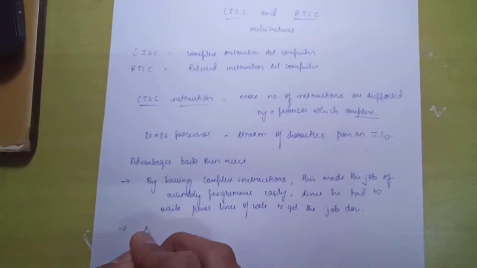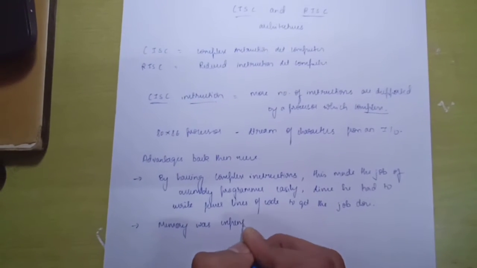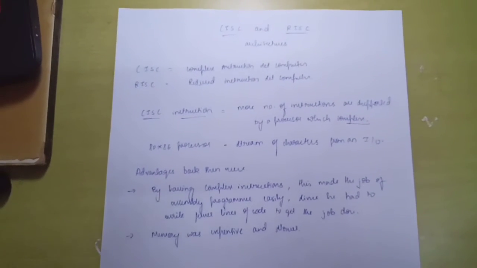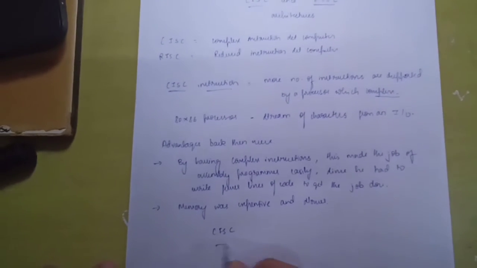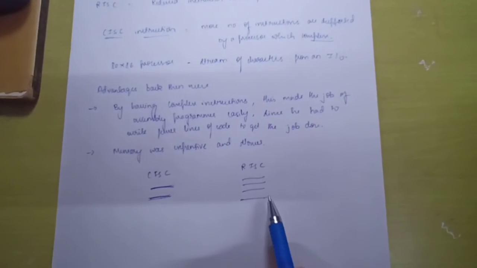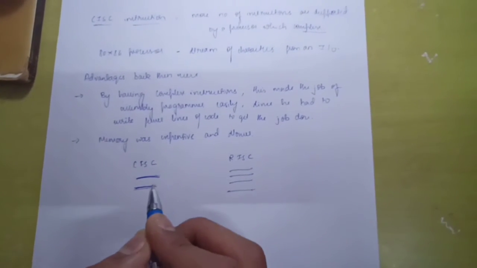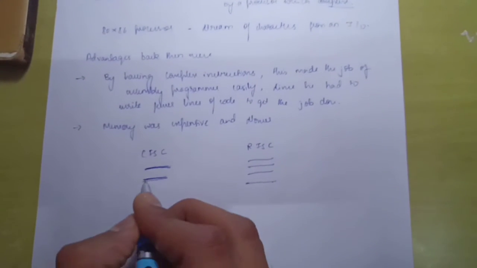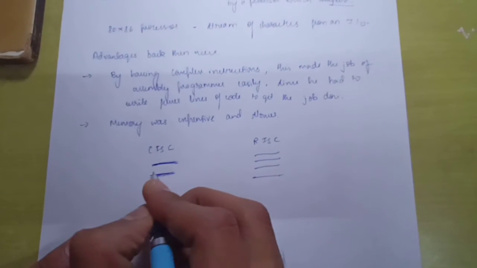And the other thing was, back then memory was expensive and slower. So if I take an example, say suppose CISC takes 2 instructions to get the job done, and RISC takes 4 instructions to get the job done. Since here there are only 2 instructions, we know that every instruction to be executed has to be fetched from the memory. So only 2 times there will be a memory access.